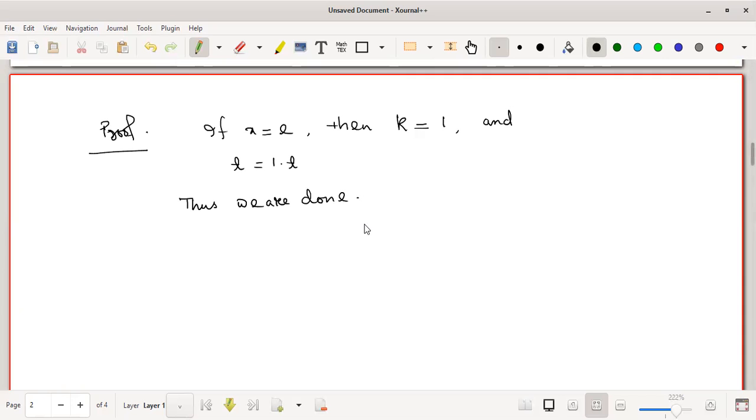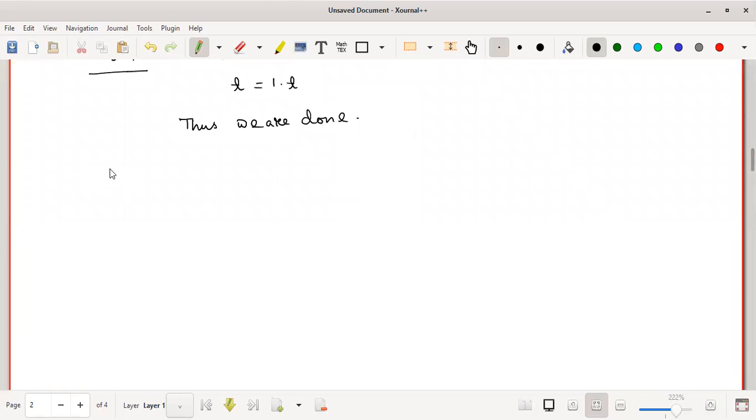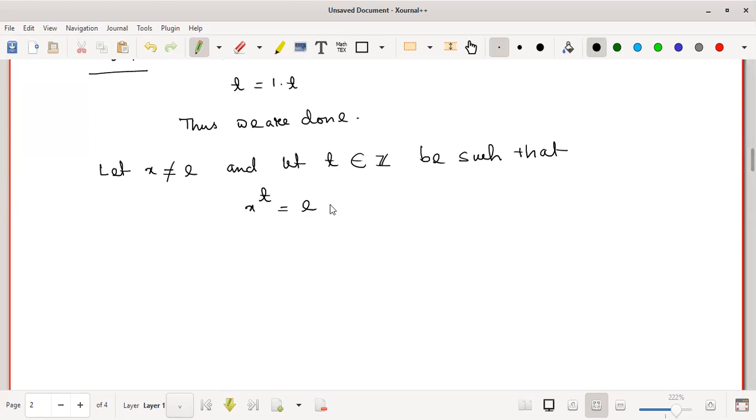Let us assume that x is not identity, and let t belong to Z be such that x to the power t is equal to identity. Now apply the division algorithm.